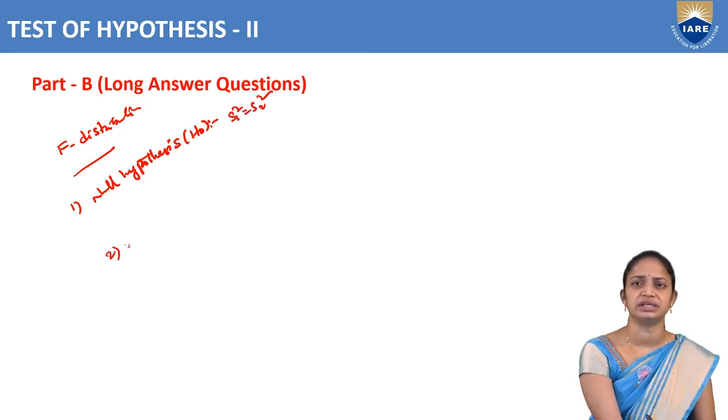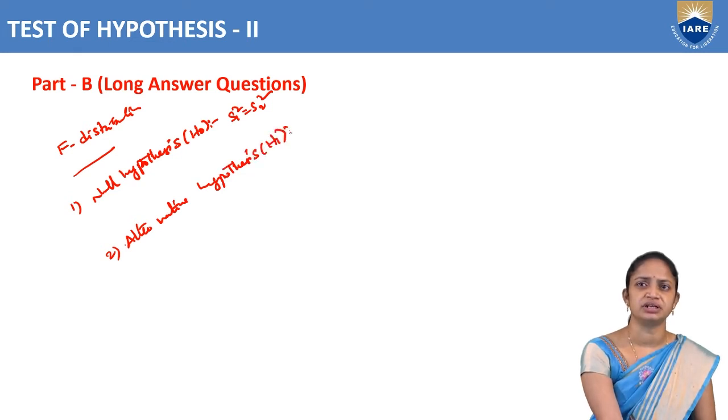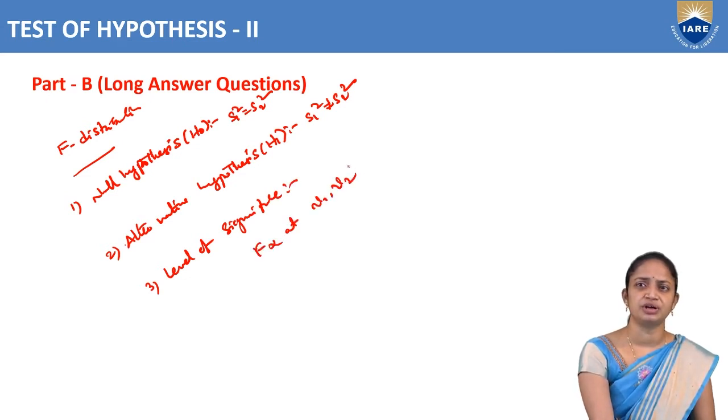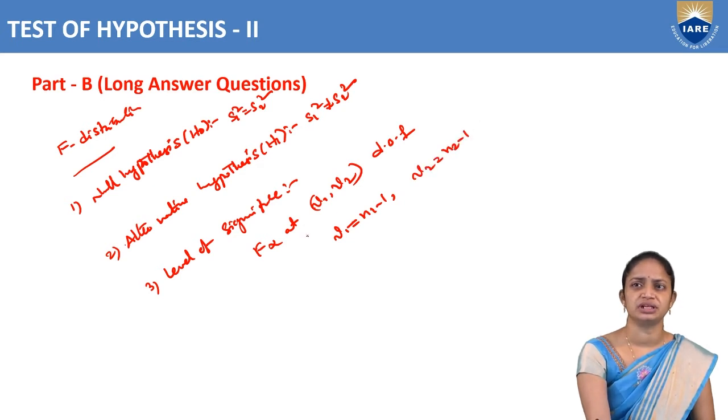Okay, that is totally based on variances. That's why we are writing the alternative hypothesis, that is h1: s1 square not equal to s2 square. The third one is level of significance. So here we have to take f alpha at mu1 comma mu2 degrees of freedom, where mu1 equal to n1 minus 1 and mu2 equal to n2 minus 1 degrees of freedom.